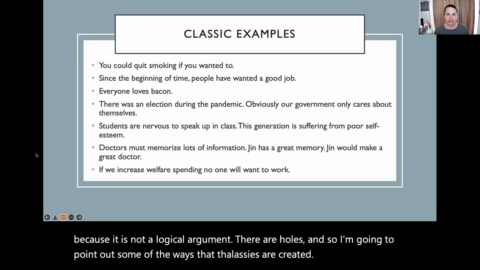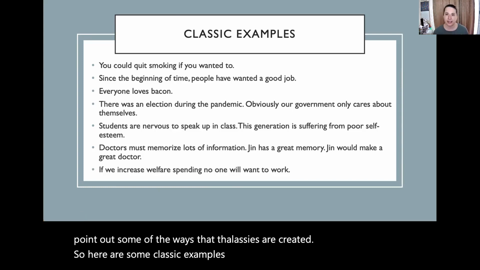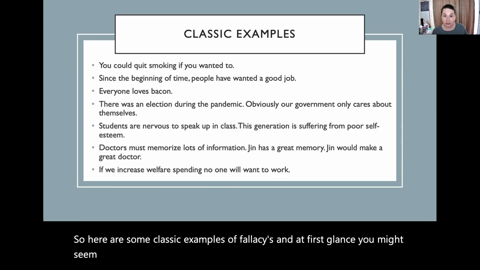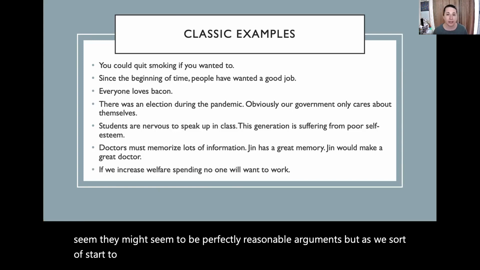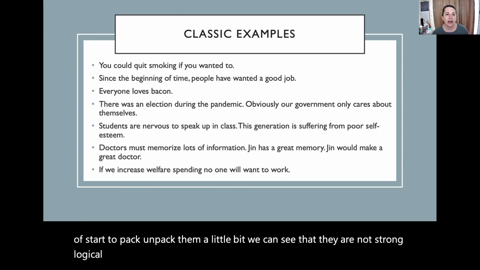So here are some classic examples of fallacies, and at first glance, they might seem to be perfectly reasonable arguments, but as we start to unpack them a little bit, we can see that they are not strong logical arguments. So for example, the phrase, "Oh, everybody loves bacon."